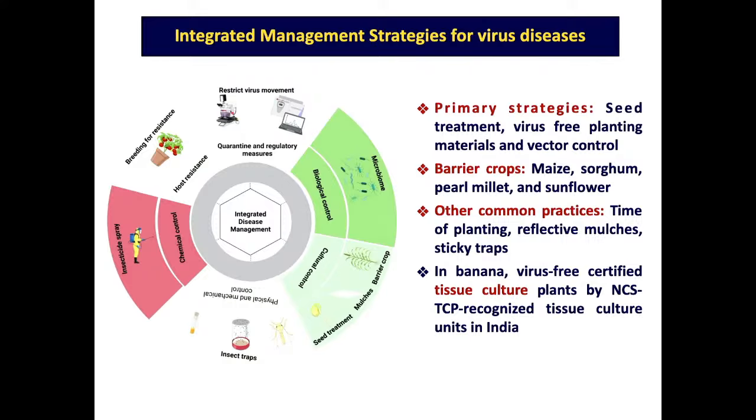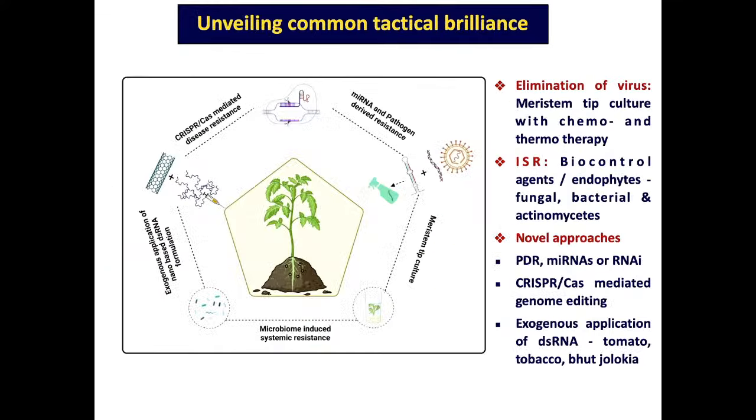Dr. Andy Kumar was talking about the microbiome and biologicals. Biological control, barrier crops, and other cultural practices are there, and we can follow those for management. And the recent technologies like genome editing or exogenous double-stranded RNA application, as a non-transgenic approach, we are also working on. We have developed the dsRNA strategy for tomato leaf curl New Delhi virus, and for another Begomovirus infecting legumes.